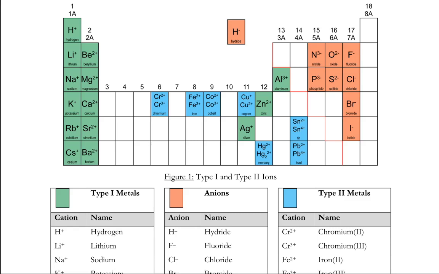If it's a simple anion, composed of just one element, and it's from group 7A, that would be the halogens, when it's an ion it becomes -1, F-, Cl-. If it's from group 6A as an ion, it becomes 2-. So we have O2-, S2-.